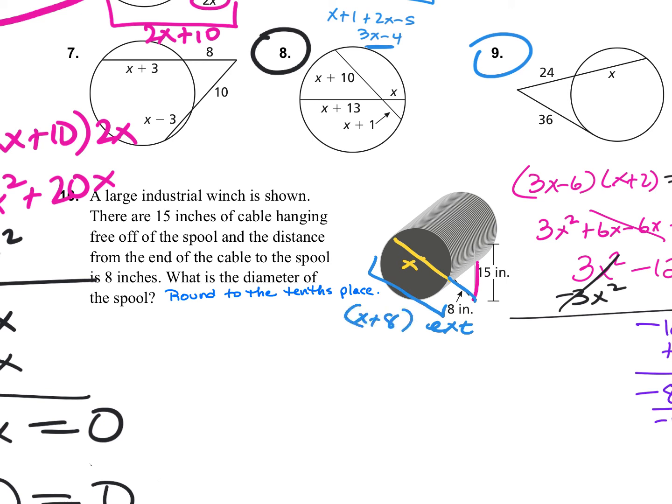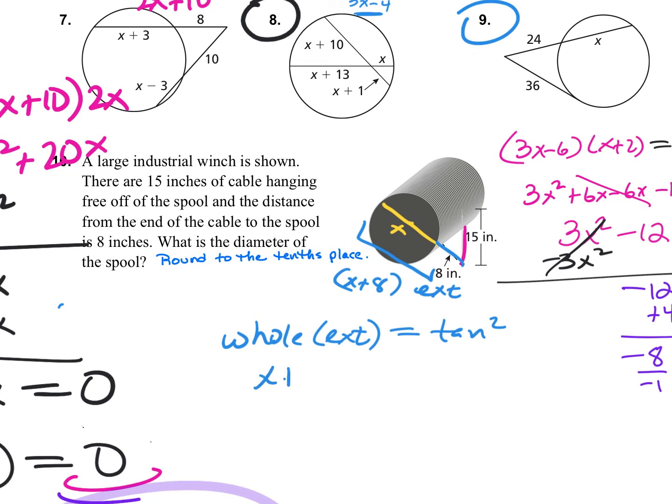So I'm going to be doing whole times external is equal to tangent squared. So my whole is x plus 8. My external was 8. And then my tangent is 15.